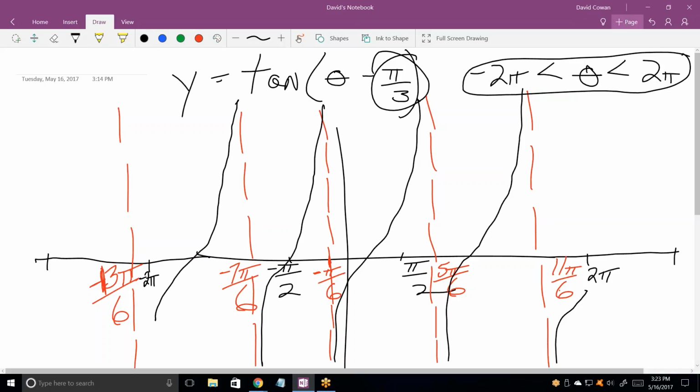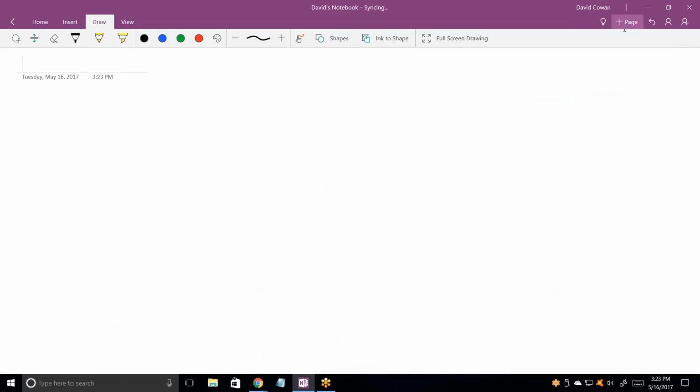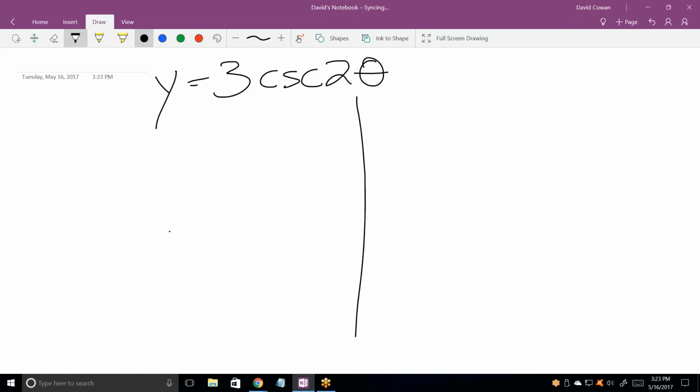All right. The next one is y equals 3 cosecant of 2 theta. No phase shift, so let's see what cosecant is. Cosecant sits on top of the sine.